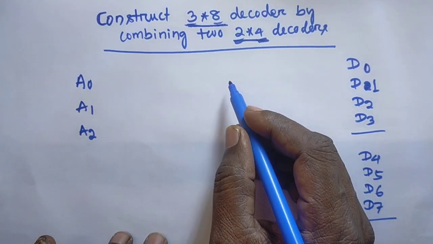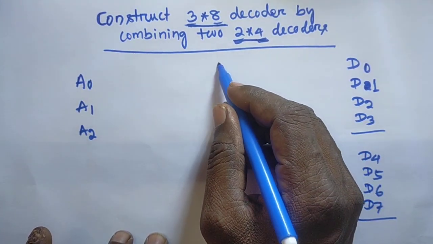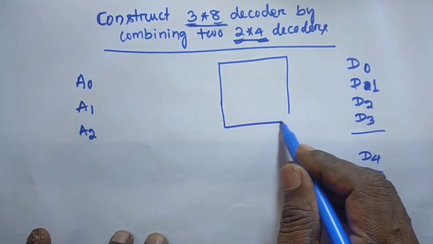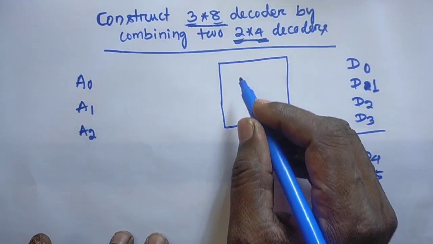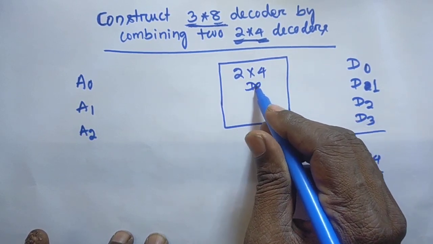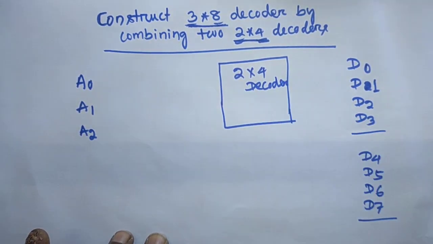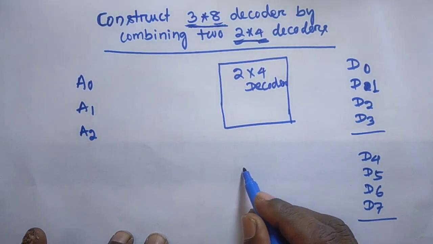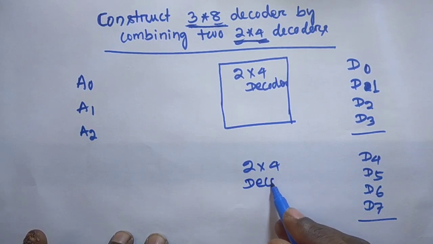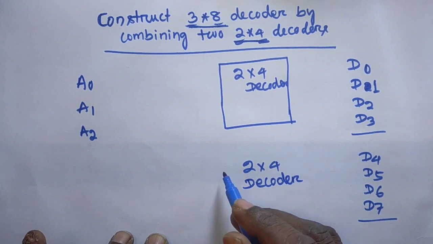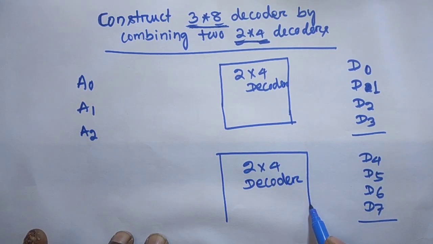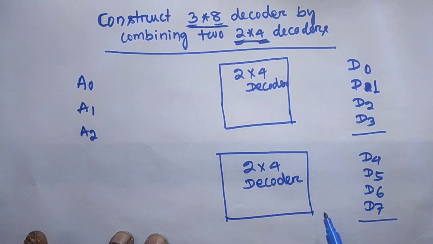Now for the 2 decoders, in a very simple way, here we define one 2 to 4 decoder, and similarly here another 2 to 4 decoder. One part is there, another part here. In this way we can define it.